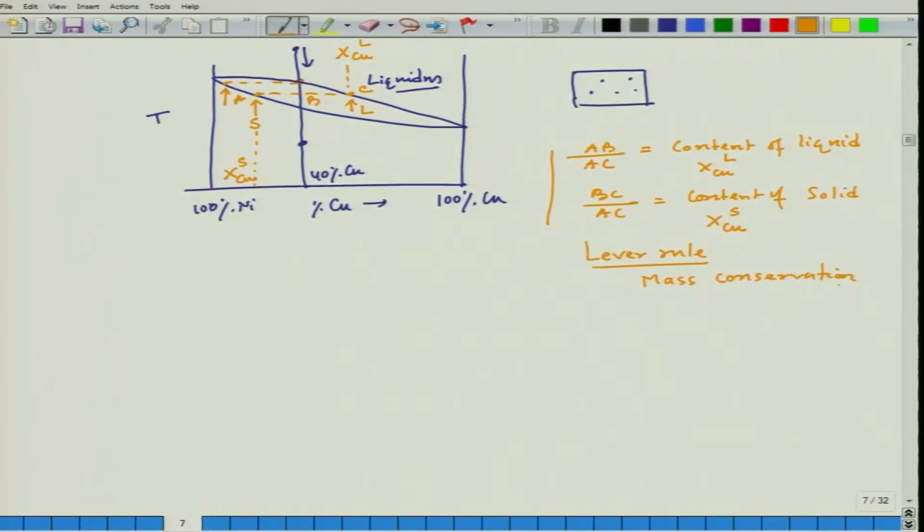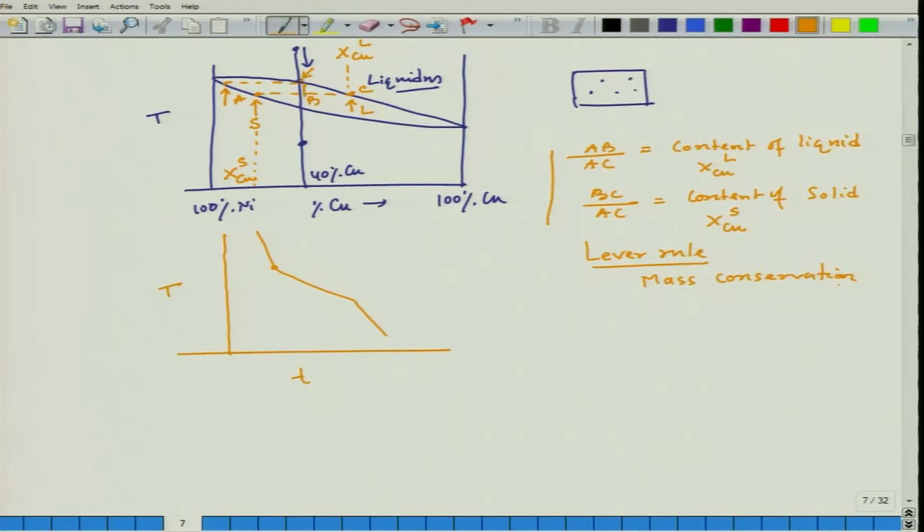Now, as we see, the composition is changing as we are going down, mainly the liquid composition is changing. See, the liquid composition is here. Now, when we cool it, we are getting a plot like this. Interestingly, at this point, the first solid appears.